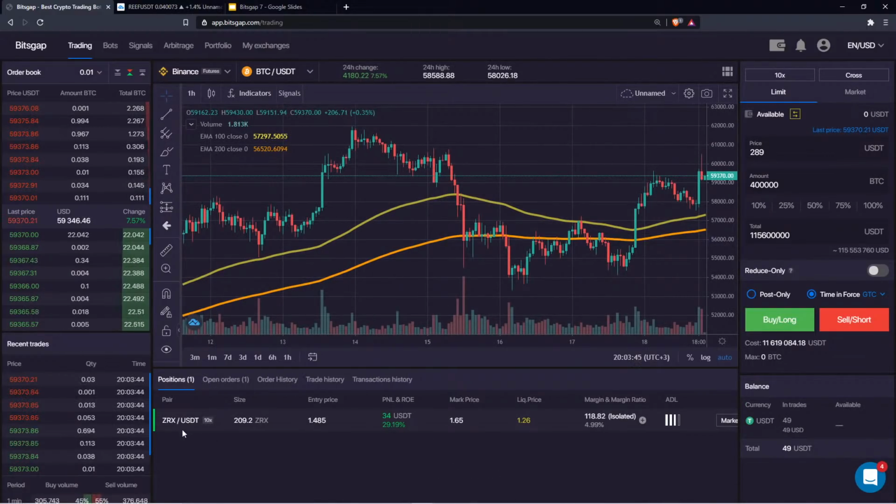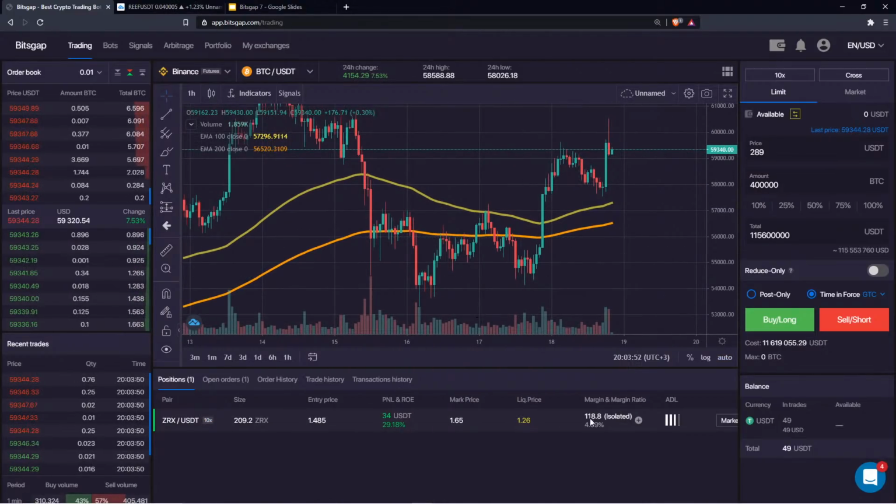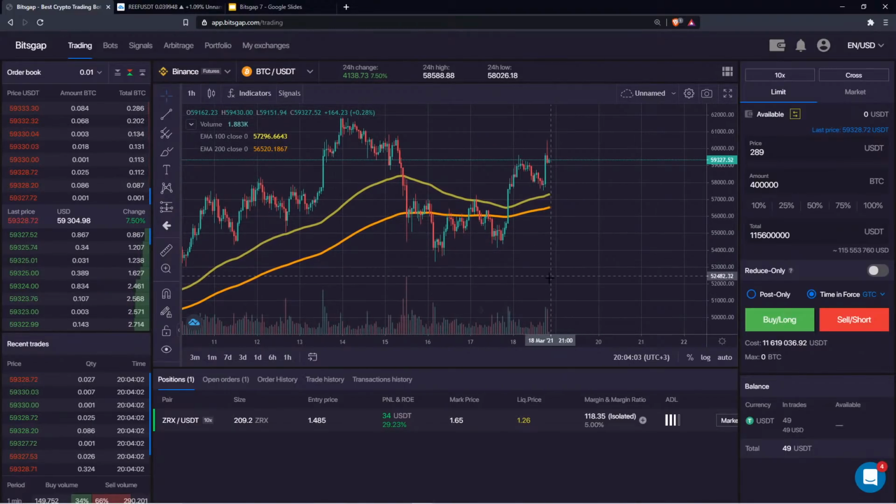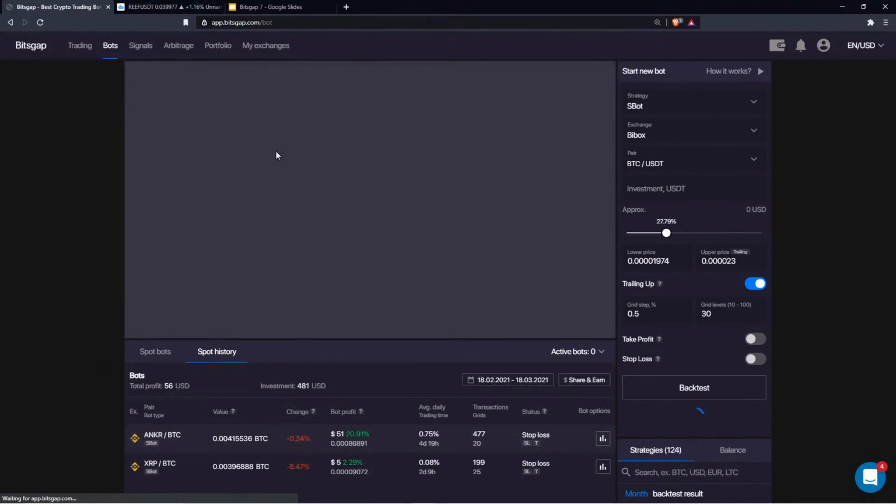You see, right now I have my 0x with a 10x leverage already trading, $34 in profit. All key metrics are available, like the margin required, margin ratio, liquidation price, to analyze the risk. So right now you can trade futures on the trading interface, and soon we are about to release futures bots.